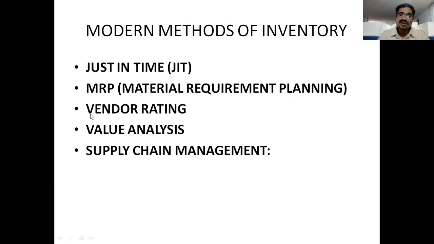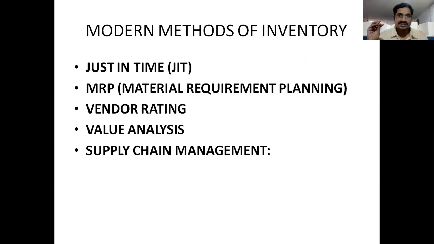So this is very, very important to control our inventories. It is a modern technique, right? So vendor rating, or supplier rating, is based upon these 5 things: quality, quantity, price, time, and credit facility availability or not.